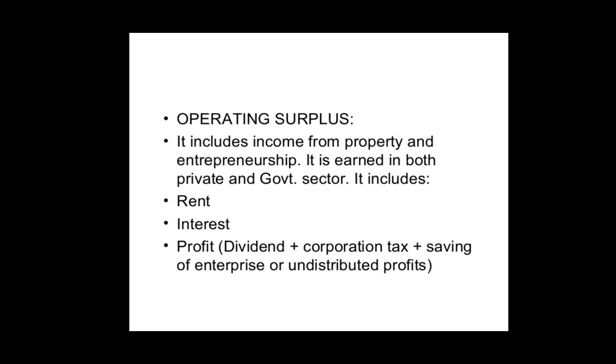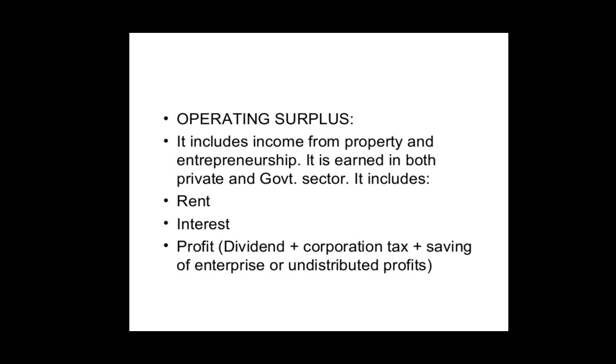It includes rent, which is that part of national income which arises from ownership of land and building; interest, which refers to the amount received for lending funds to productive units; and profits, which is the reward to the entrepreneur for his contribution to the production of goods and services.